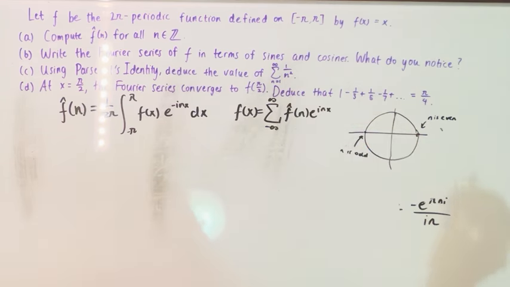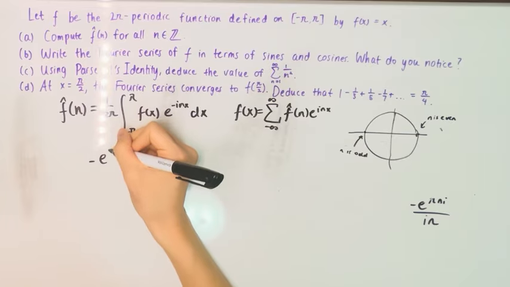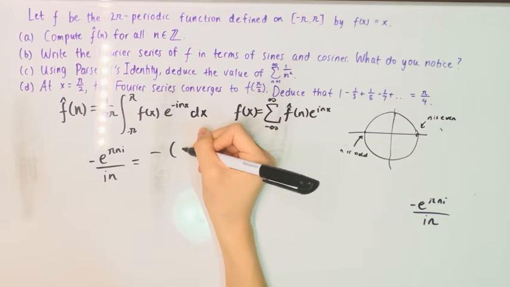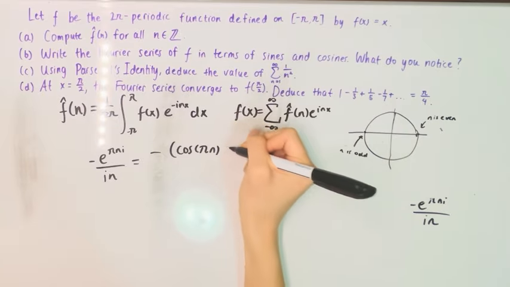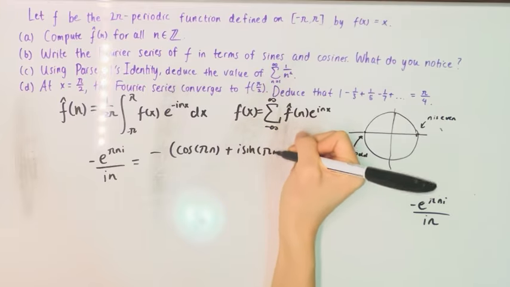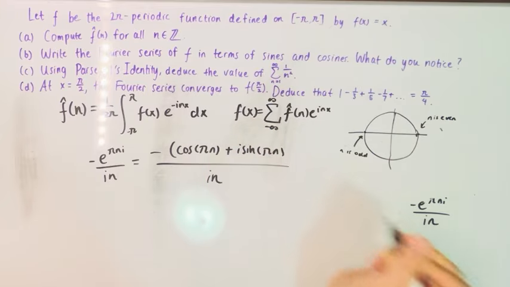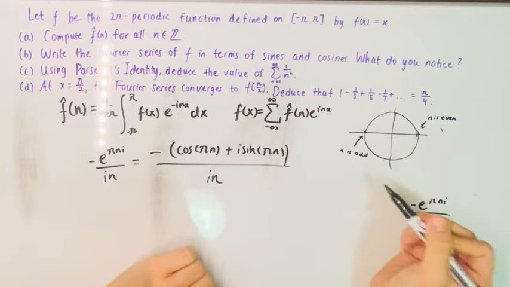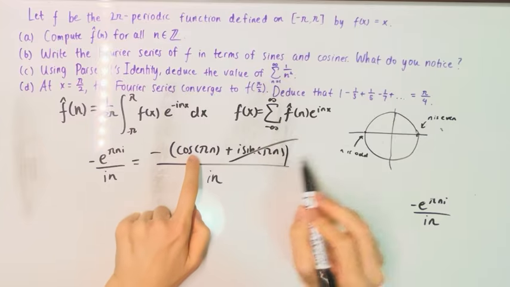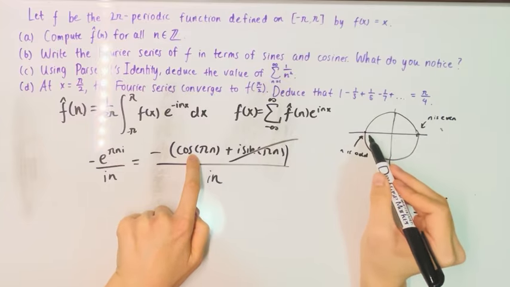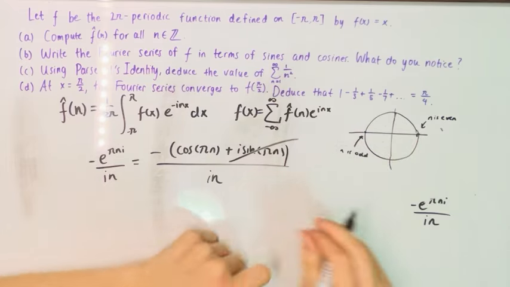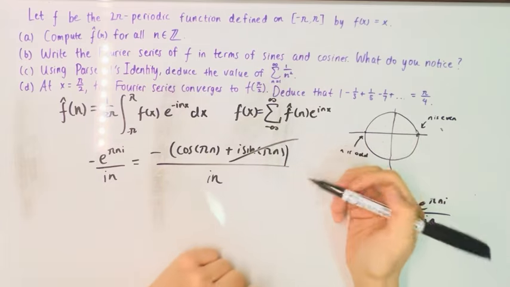And what does this mean? Well, when we expand this, remember that negative e to the pi n i over i n is just negative cosine pi n plus i sine pi n over i n. And here notice that our sine term will always be 0, so we don't have to worry about this. And our cosine term will be negative if n is odd and positive if n is even, which means that we actually can write this as a piecewise.